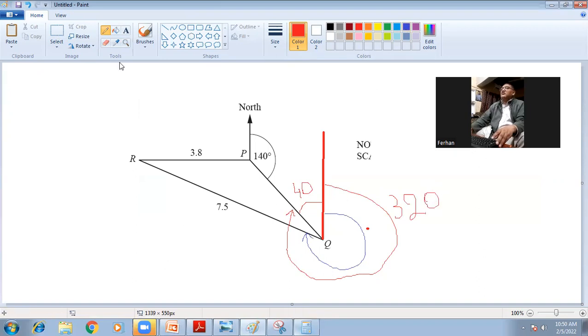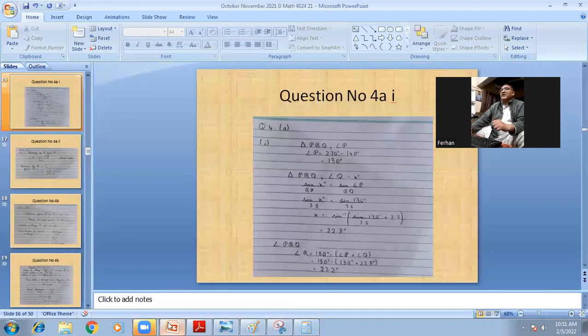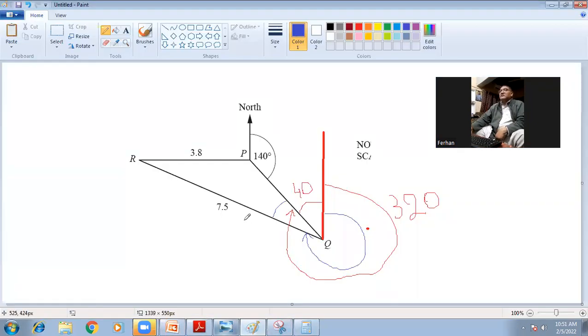So now the actual bearing of the R from the P is represented with the blue color. We know this angle. We just calculated this angle. That angle was 22.8.